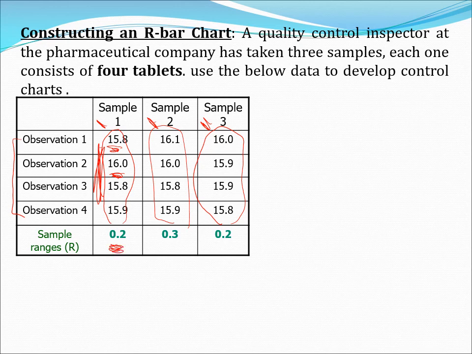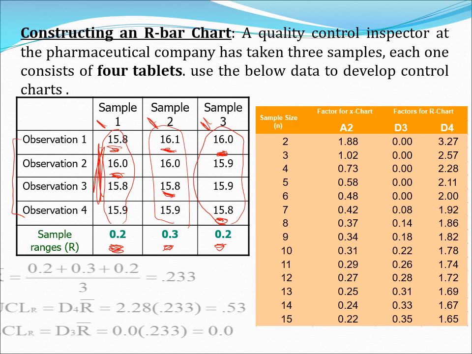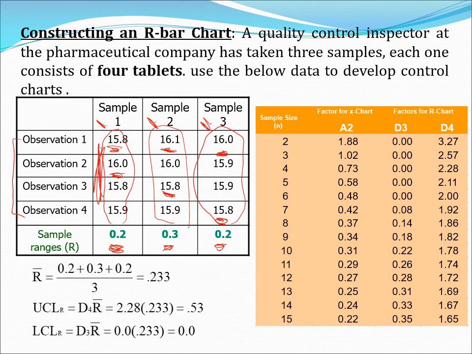For the second sample, the maximum value is 16.1 minus 15.8, the lowest value, so the range is 0.3. For the third sample, the highest value is 16 and the lowest is 15.8, so 16 minus 15.8 equals 0.2.